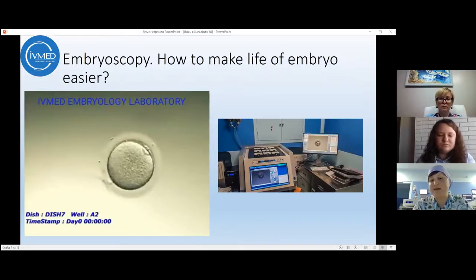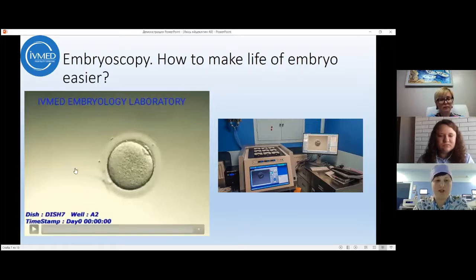The best thing in this system is that after fertilization we put the embryo into the embryoscope and we do not touch it until the 5th or 6th day. The embryo does not feel temperature change or change of culture medium environment, so it's much easier for the embryo to develop in this embryoscope. I can show you a video of how the embryo develops in the embryoscope and how we can control its main stages of development.